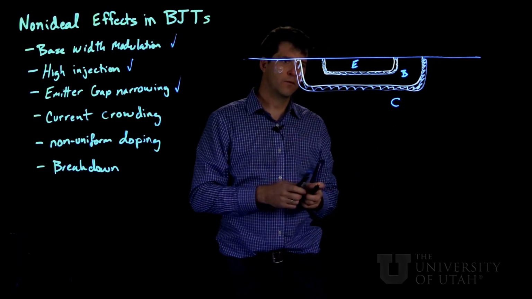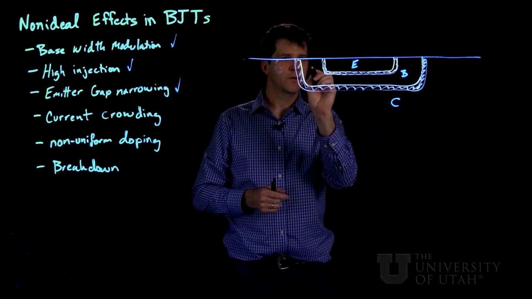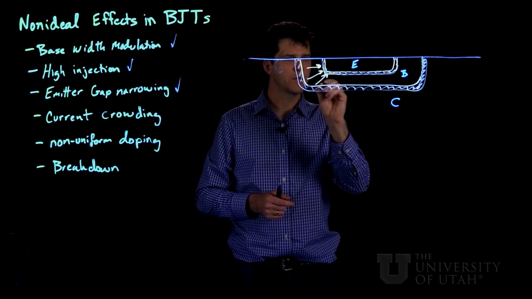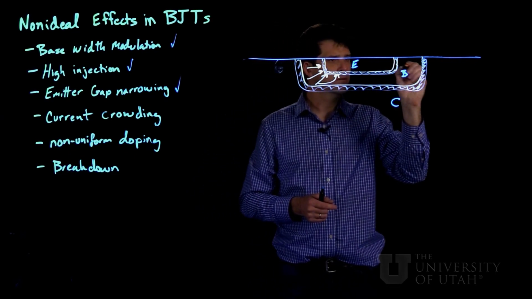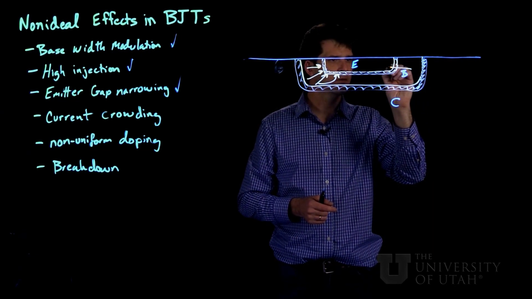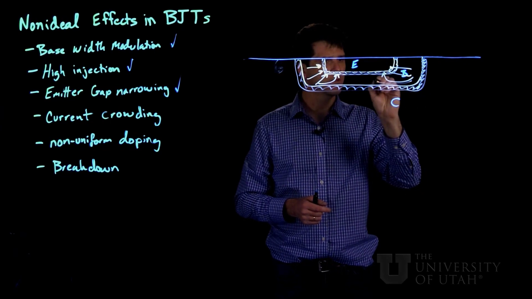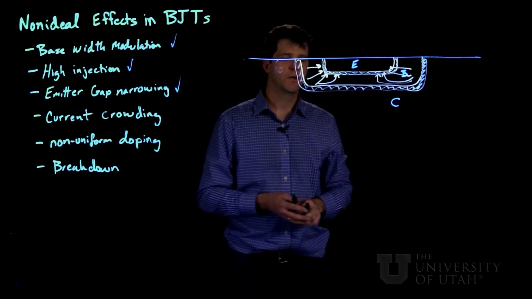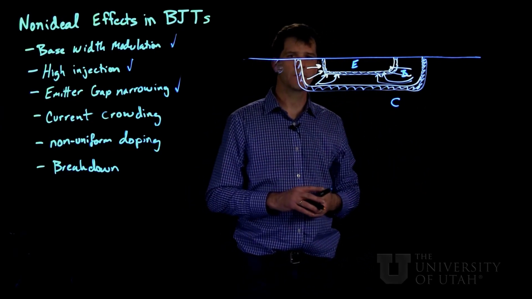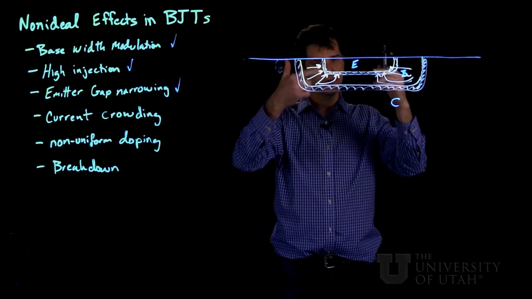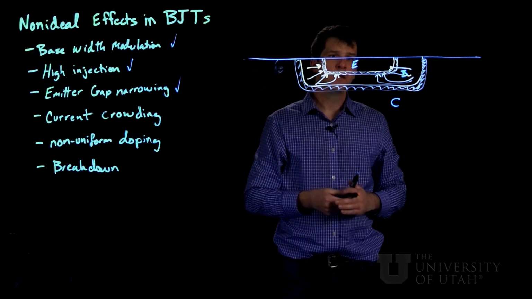So what this means is that there's a lot of current trying to come in from the sides like this, and crowding up near the corners of the emitter structure. And this is conventional current. Of course, the electrons are going the other way.